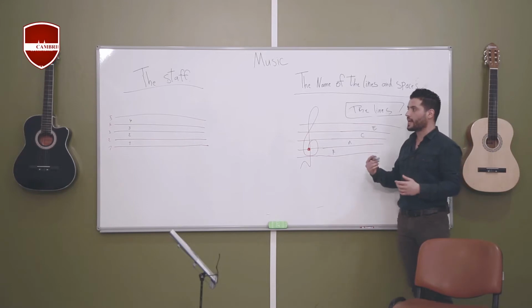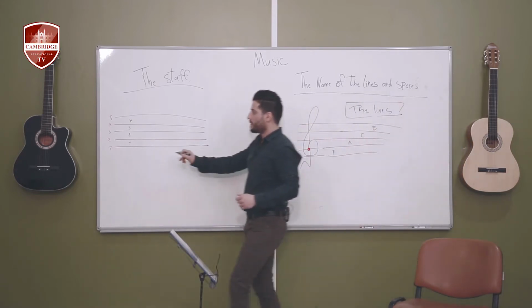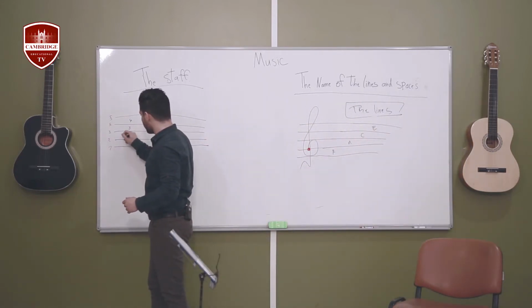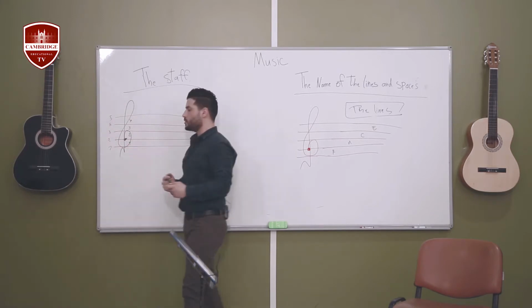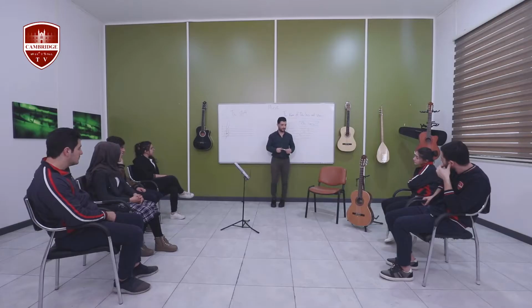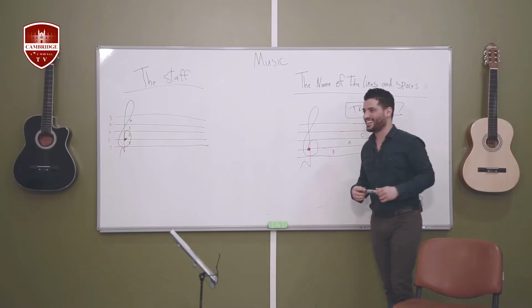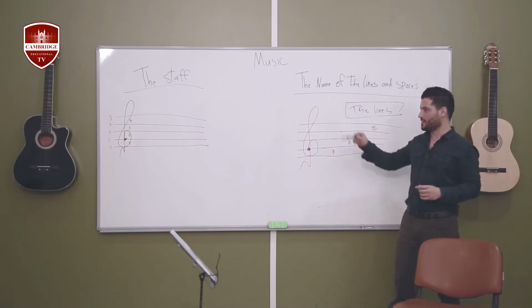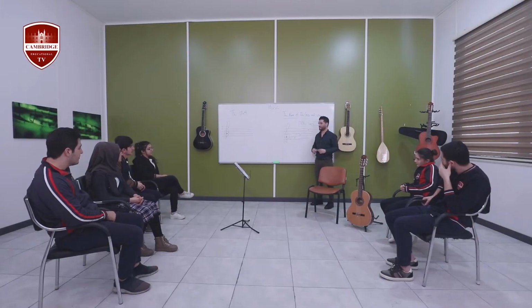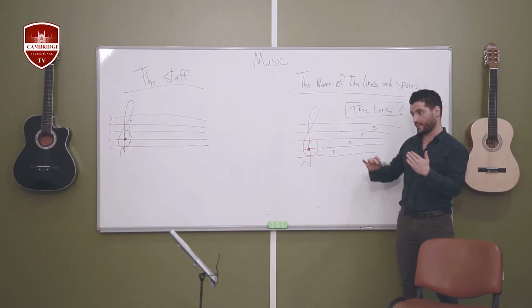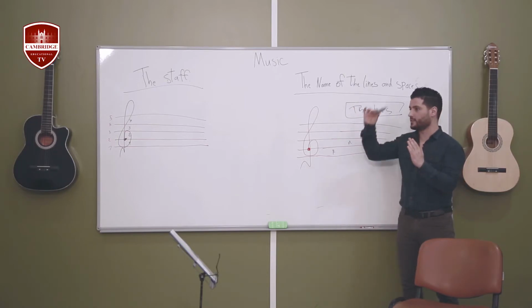Now, if somebody asks you what's the name of the lines and the spaces, would you answer them? What would you say? It starts from bottom to up. It's always bottom to up.